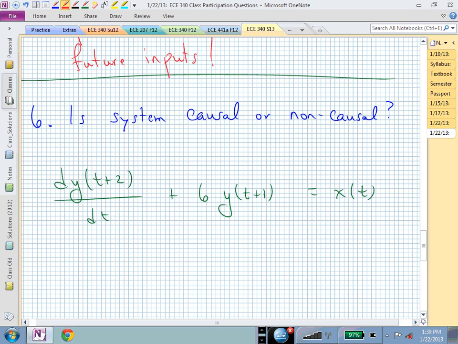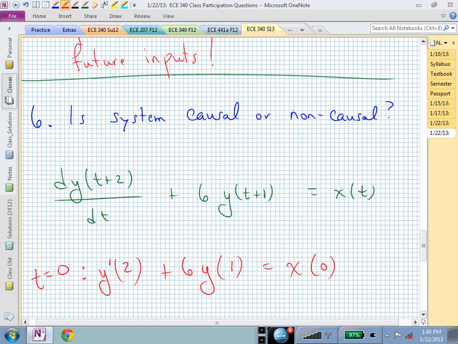What's a convenient value of time to maybe play with? Maybe t equals 0. If I select t equals 0, I now have y prime of 2 plus 6y of 1 equaling x of 0. What does this tell me? Future outputs and their derivatives depend on the present input, don't they? So the present input is influencing future outputs. That's okay. I can kick this system and then it responds.